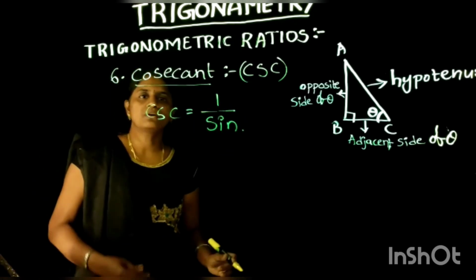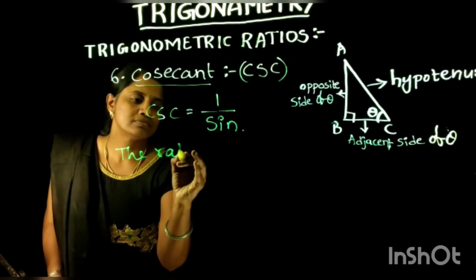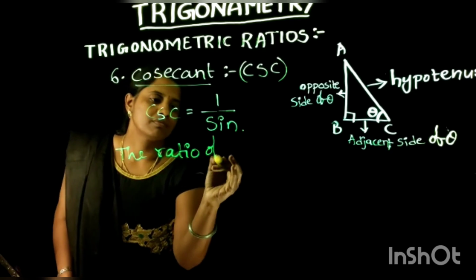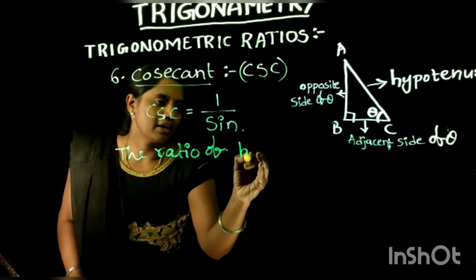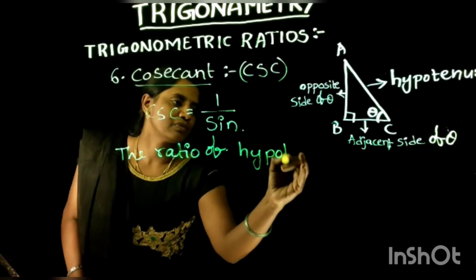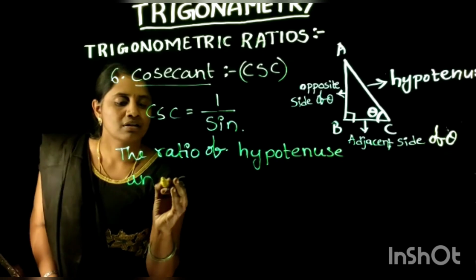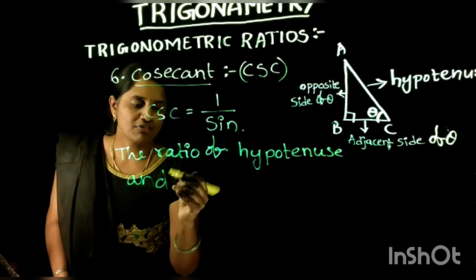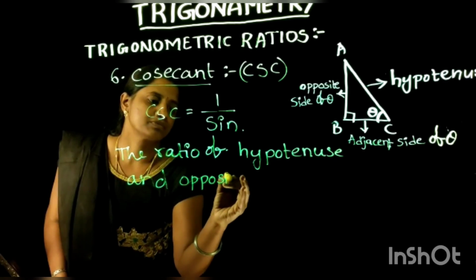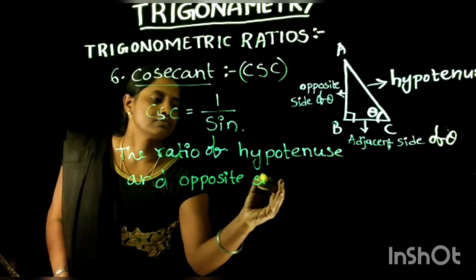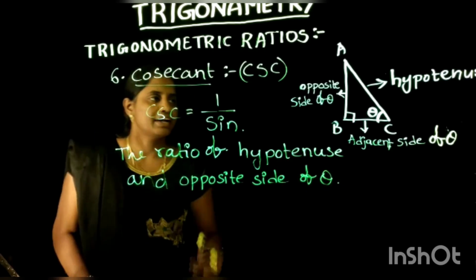The definition of cosec is the ratio of the hypotenuse by the opposite side of theta.